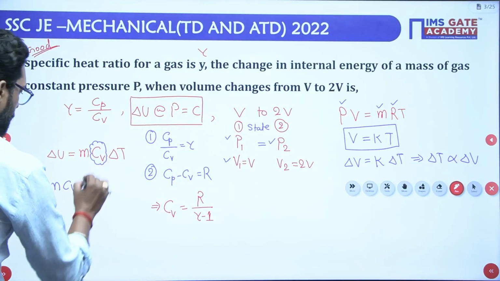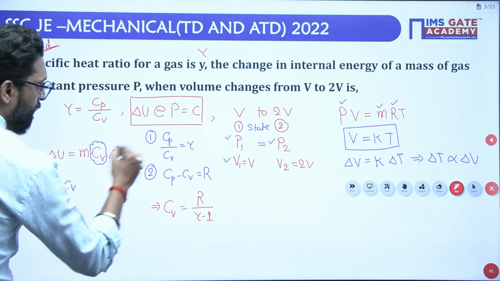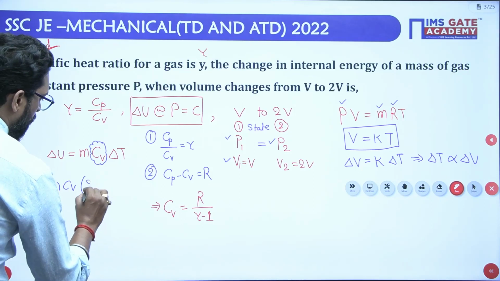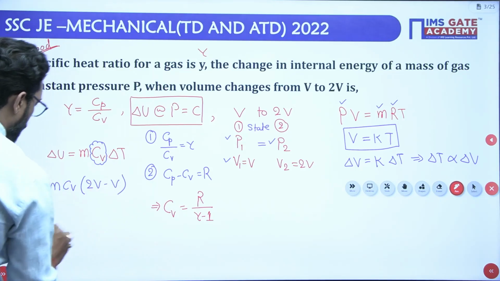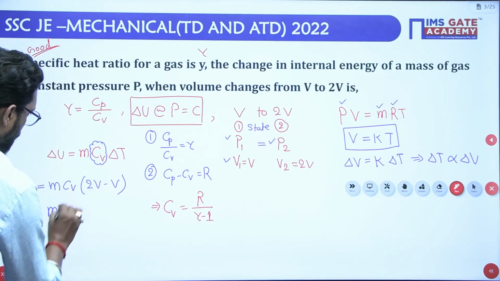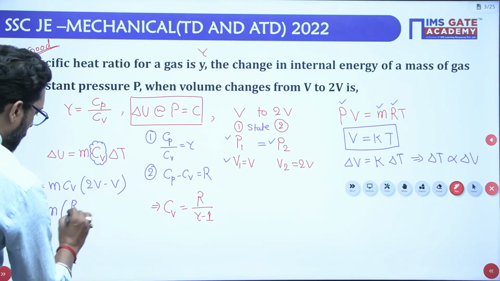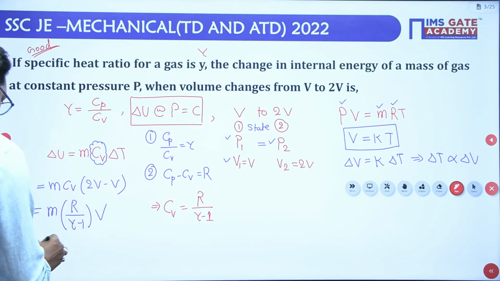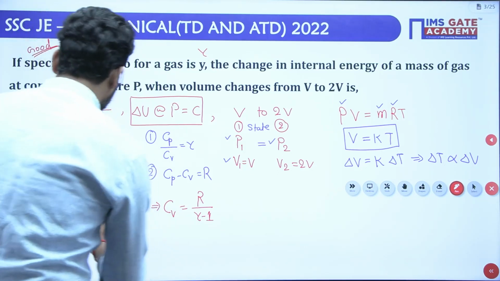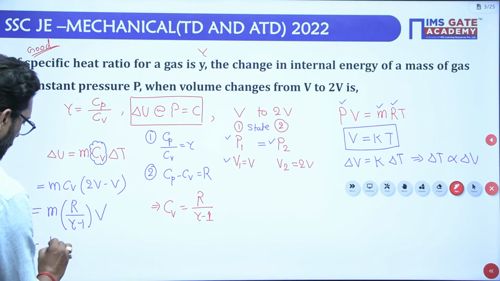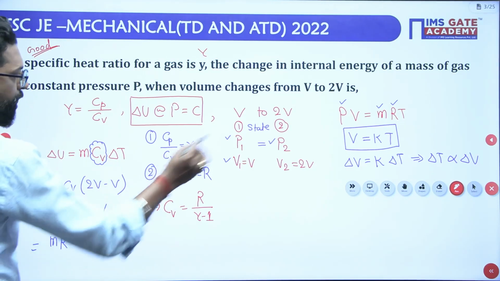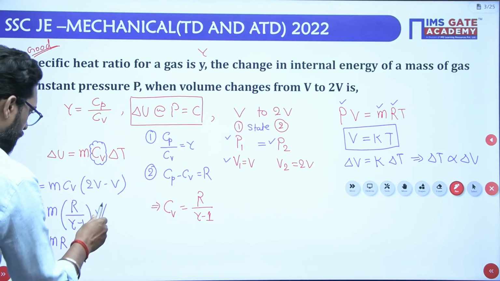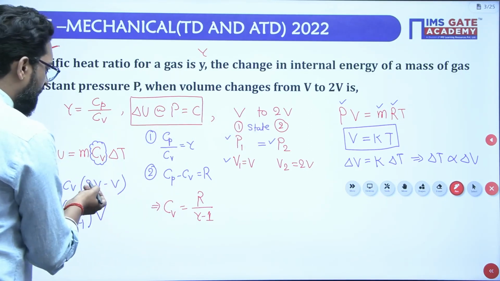So m, Cv, and the change in temperature is equal to the change in volume, and the change in volume is 2V minus V. Now what is Cv? Cv is equal to R divided by gamma minus 1. And V is directly proportional to T, so instead, here we have to write T2 minus T1.